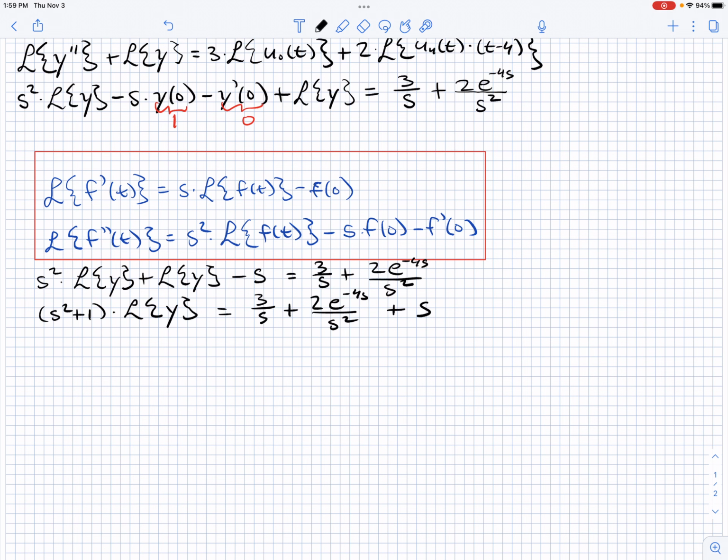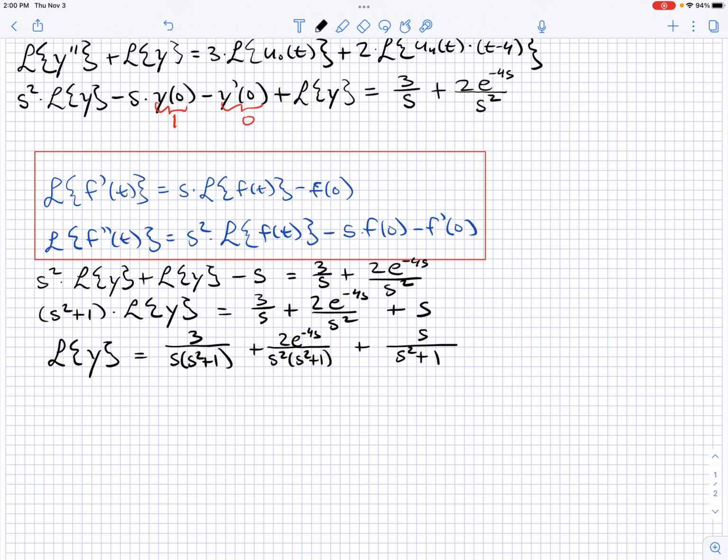So doing that, we will have the Laplace of y is equal to 3 over s times s squared plus 1 plus 2 e to the negative 4s over s squared times s squared plus 1 plus, simplifying this, not simplifying, sorry, s over s squared plus 1. Whew. This is taking a long time.